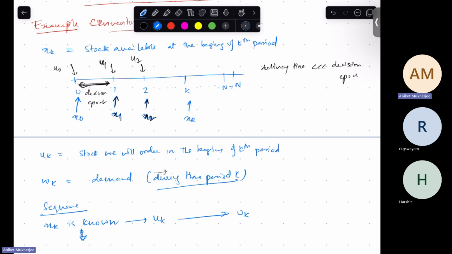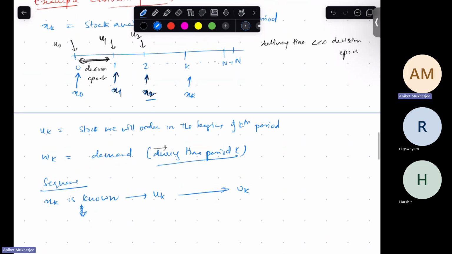So x2 can become negative. Suppose you had 10 units in your inventory, but then you got a demand of 20. So basically you're at minus 10. You can make that up in the next time slot, but your state goes negative. If your state goes negative, that means your demand is backlogged. You were not able to fulfill the demand, and hence it has gone to backlog.